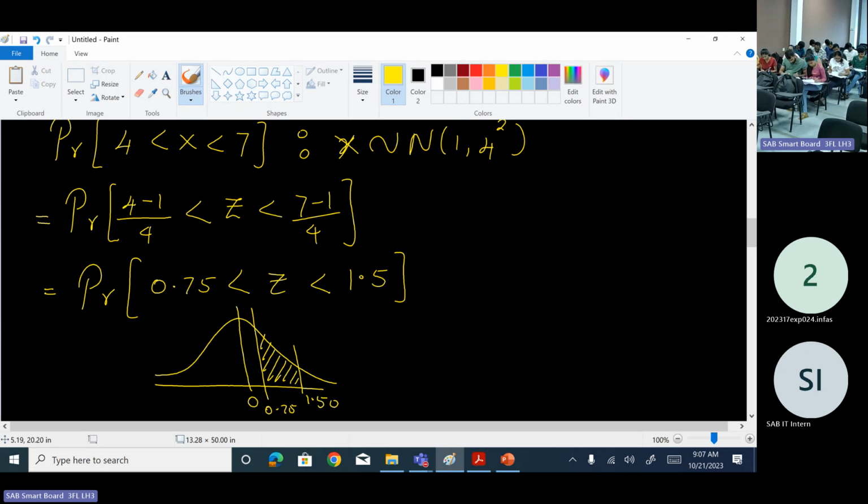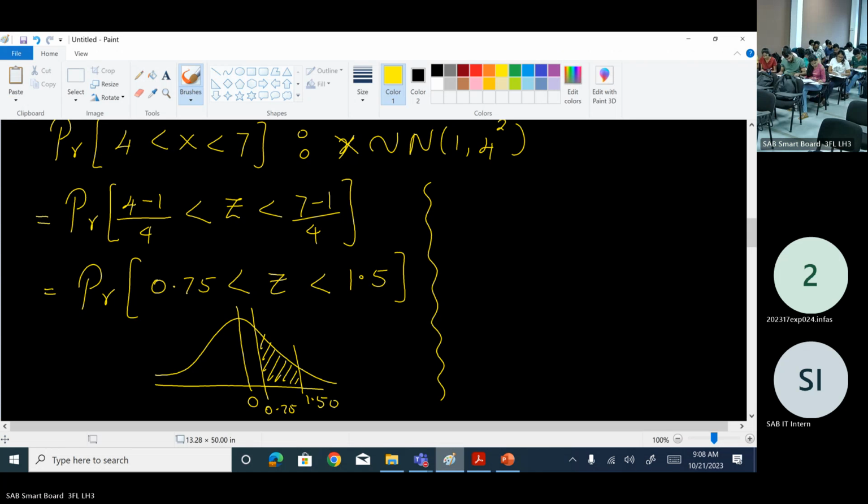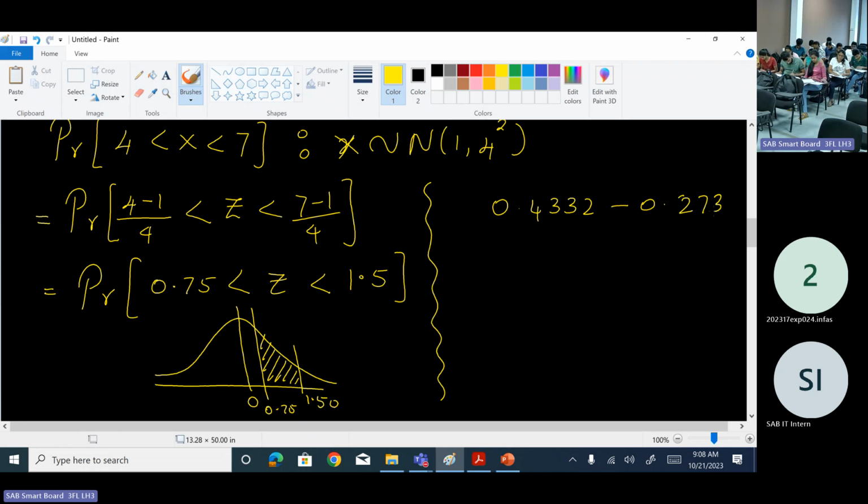So we know how to get this value. 1.5 you refer, 0.75 you refer, subtract it. 1.5, 0.4332. Minus 0.75, 0.27. You subtract.